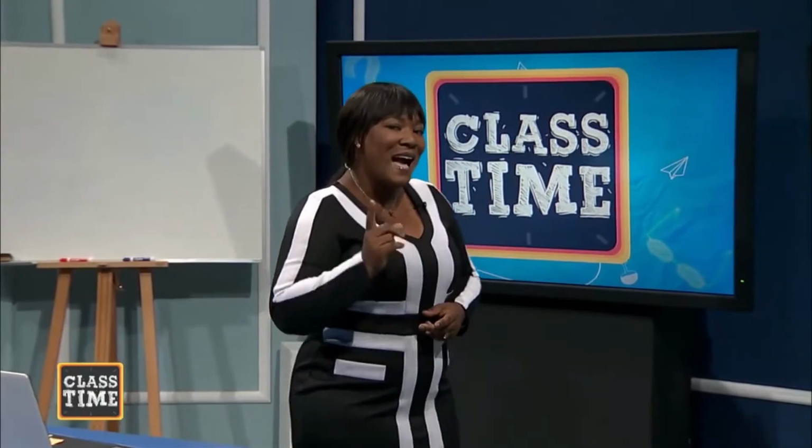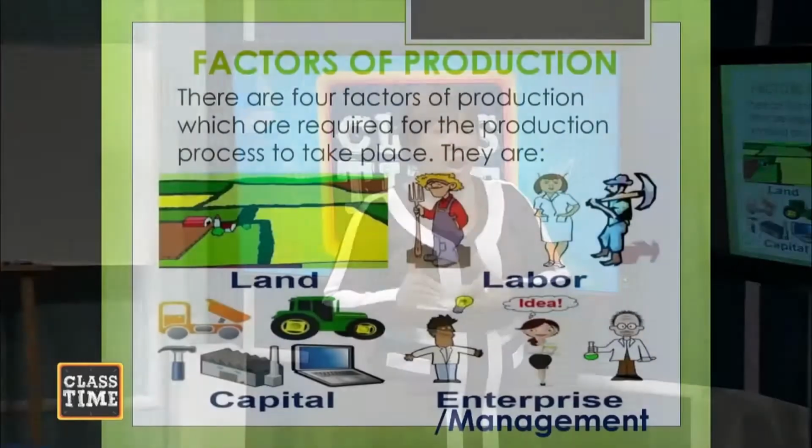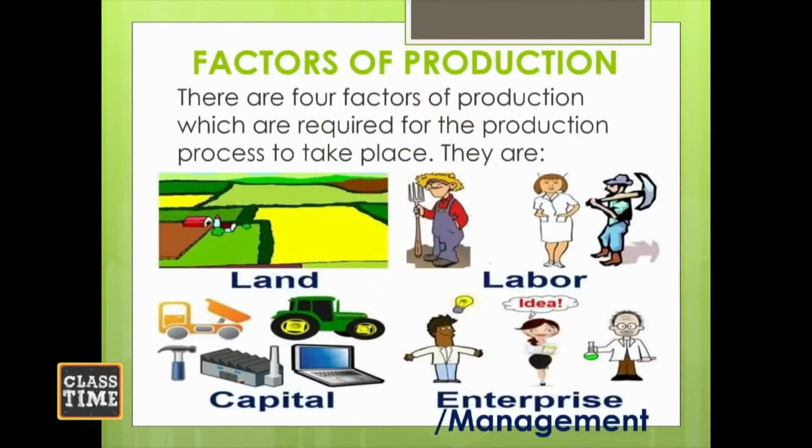The factors of production are land, labor, capital, and management. Again, the factors of production are land, labor, capital, management, or enterprise. These four factors are what keep production going.